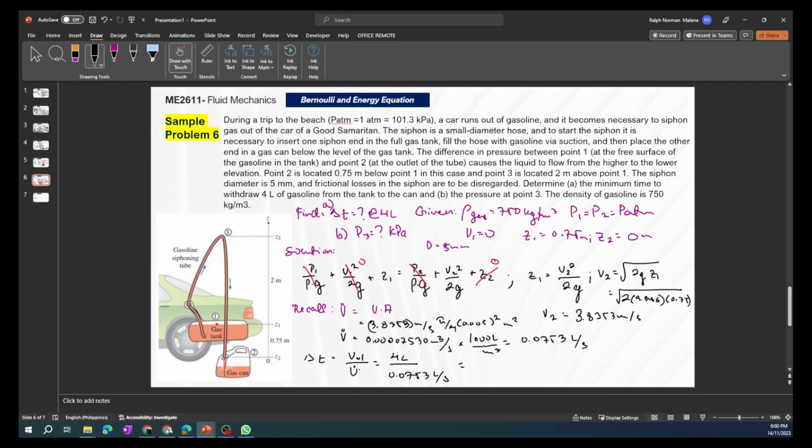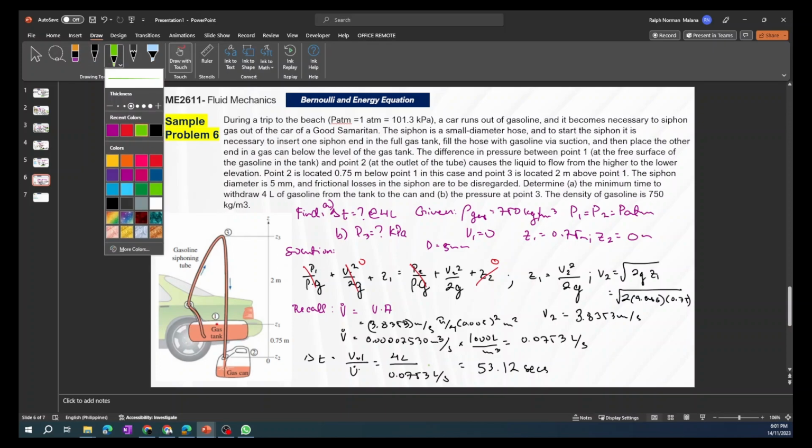And that would give you about 53.12 seconds. So it will take you about 53 seconds, or almost a minute, to get 4 liters of gasoline. So let's just box that in.